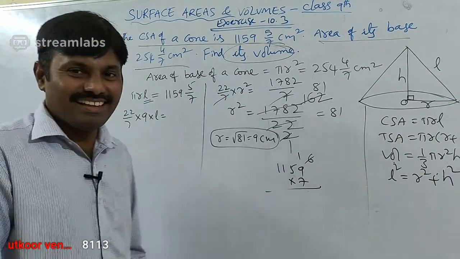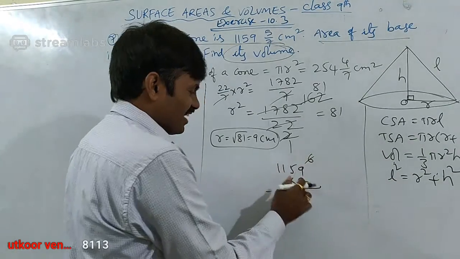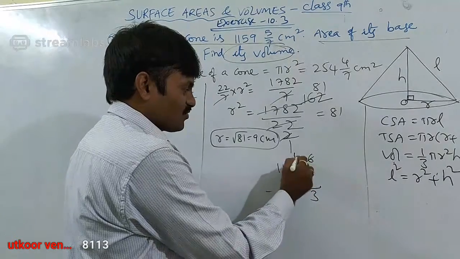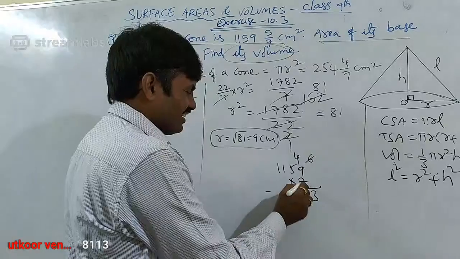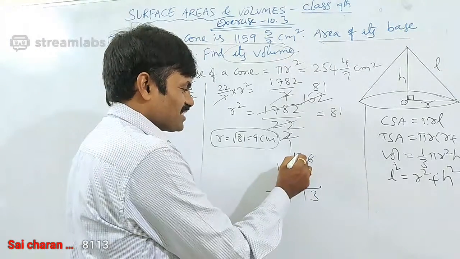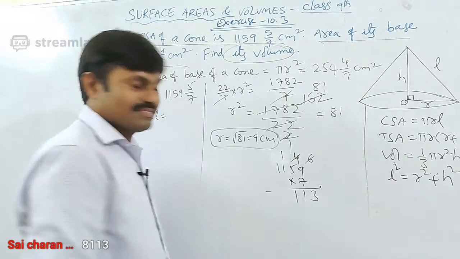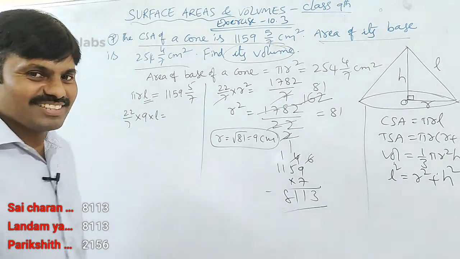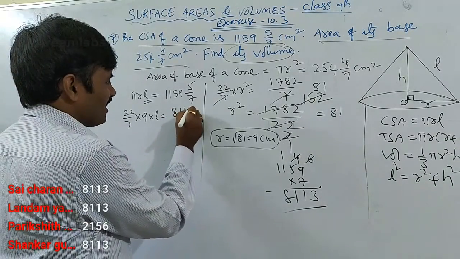I am sorry. So 7 9 is 63. 7 5 is 35 plus 6, that is 41. 7 1 is 7 plus 1, 8. So 8113 plus 5, that is 8118 by 7.